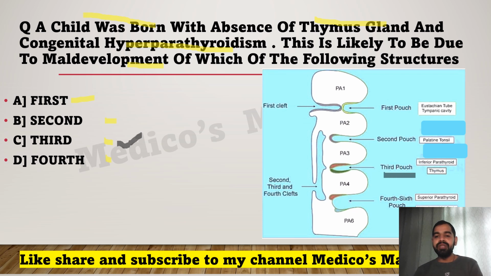Third pouch is maldeveloped here, and the clinics of this question are representing DiGeorge syndrome. In DiGeorge syndrome you will see that third and fourth pouch both are maldeveloped, but the main contribution will be of option number C, that is third pouch.